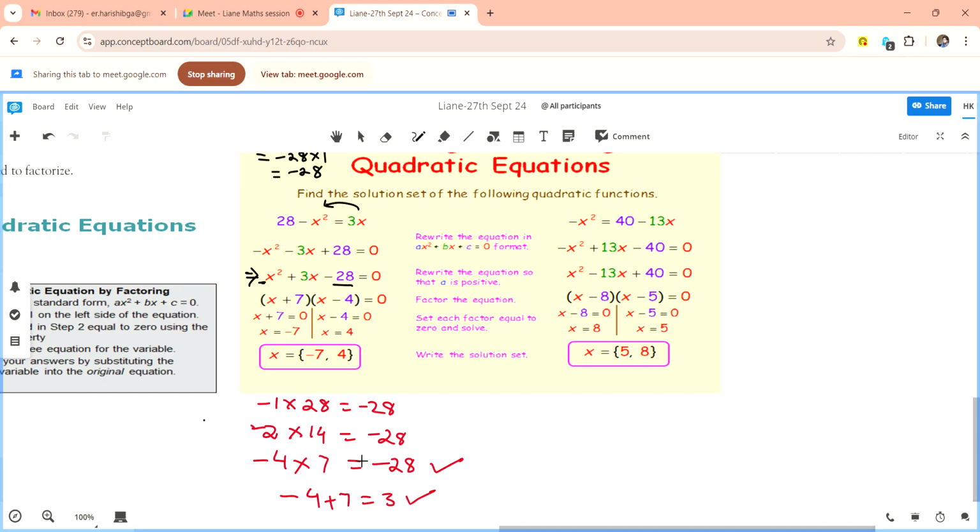So what I do, I'll make the two factors, one as x plus 7 and the other as x minus 4.